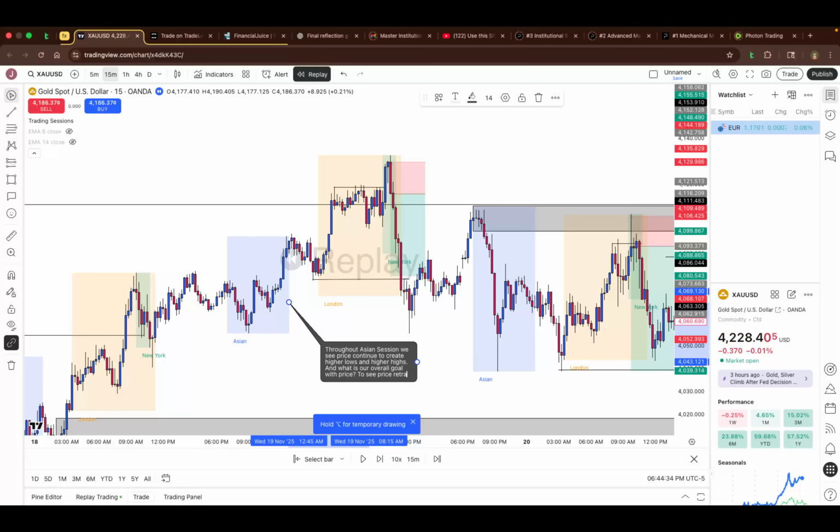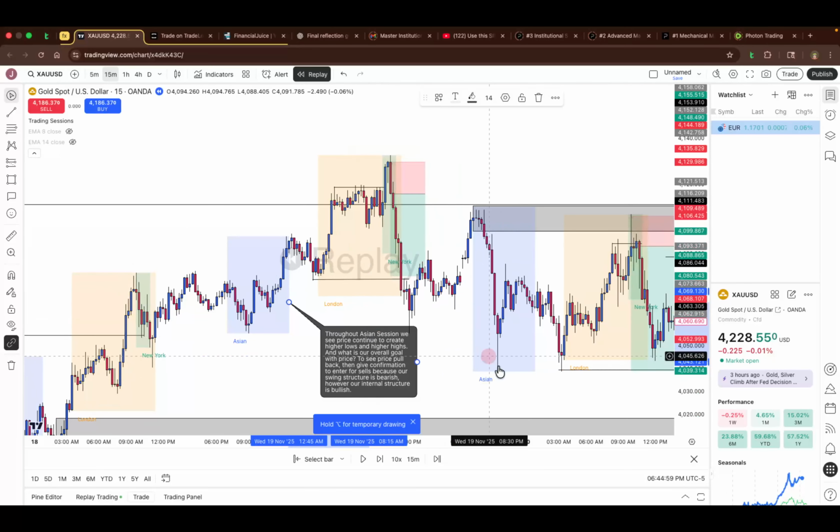To see price retrace or pull back, then give confirmation to enter first sells, because our swing structure is bearish. However, our internal structure is bullish, right? So we're waiting for a change of structure.